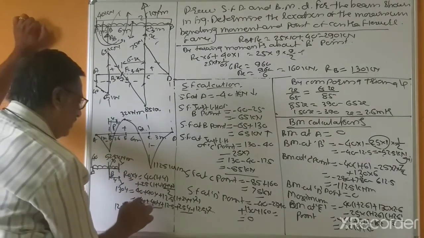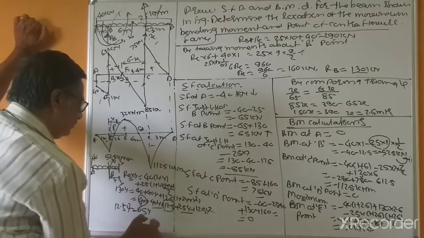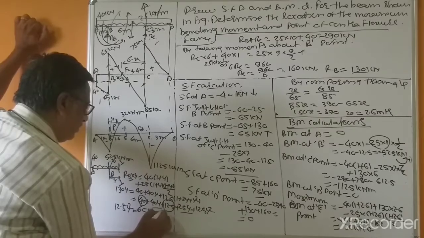Now this is 40 and this is 12.5, plus 52.5.